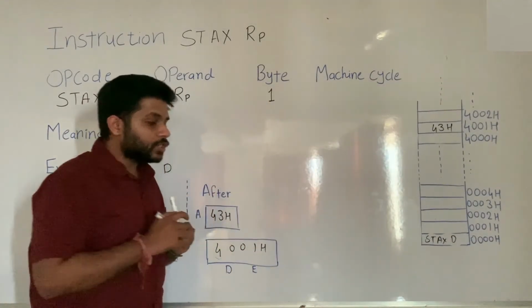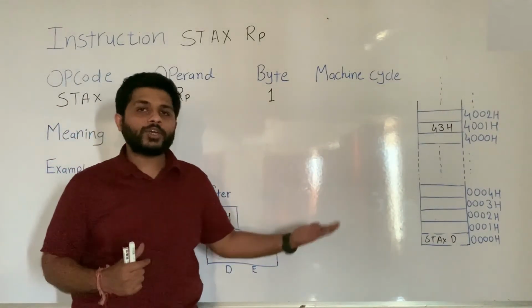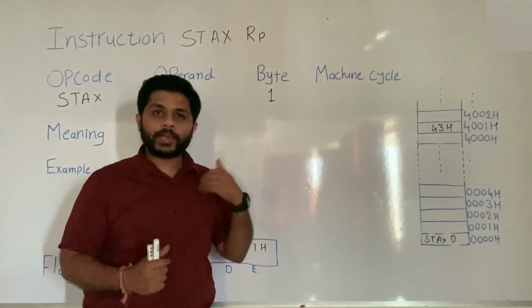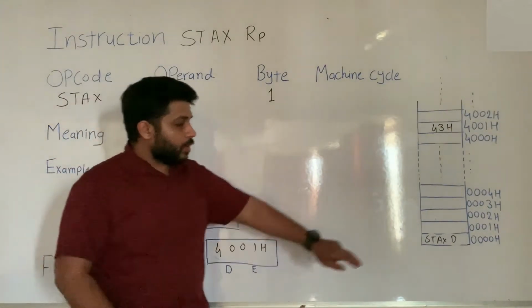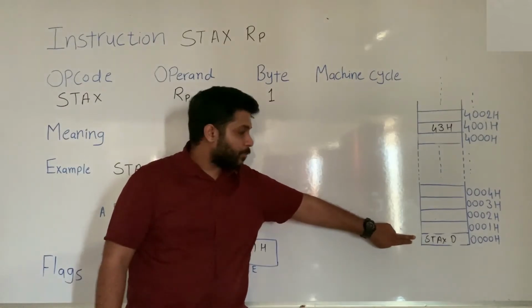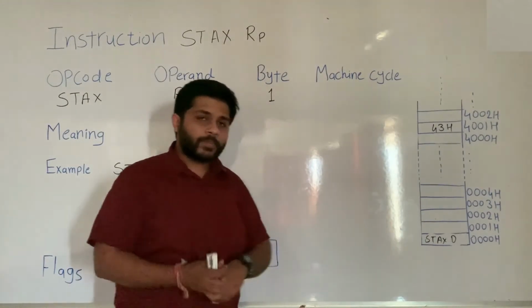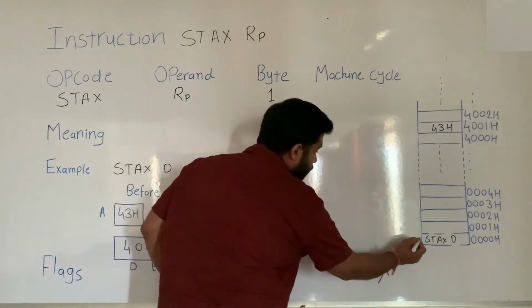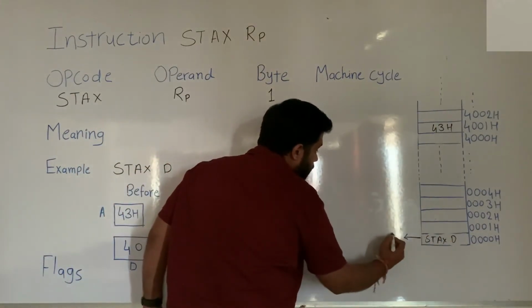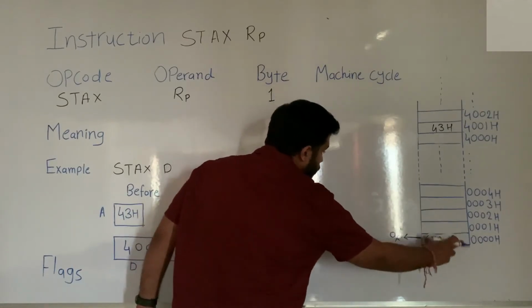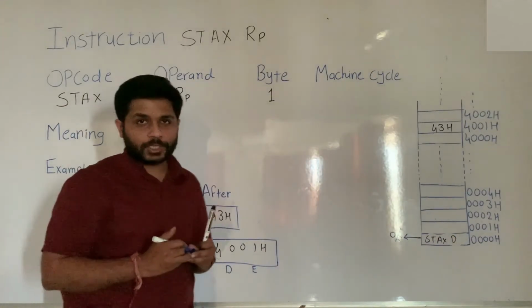After the instruction is stored in the memory, the processor will start doing its work, that is fetch, decode and execute. Now, in the first step, the processor will perform which machine cycle? The opcode fetch. When the microprocessor performs the opcode fetch, this whole instruction will be transferred to the microprocessor.